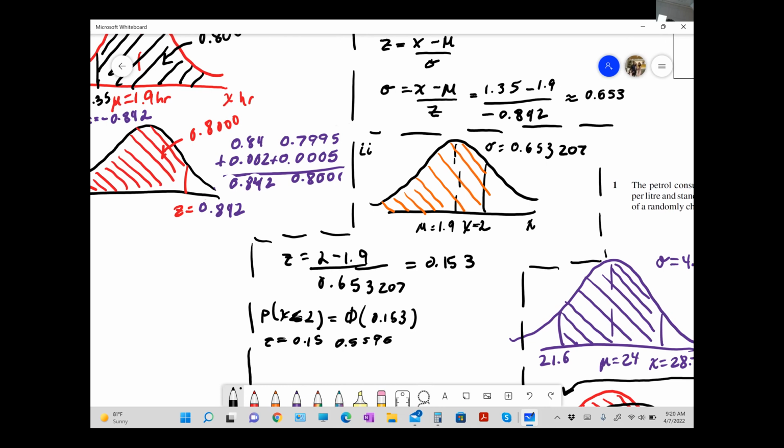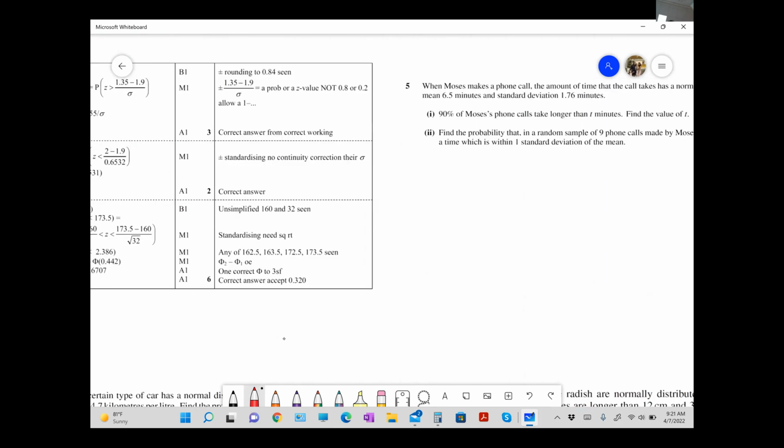If you look at 3 all the way over there, you have to add 0.0012 to this. So that comes out to 0.5608. So this area here is represented by that. Therefore, the probability of X being less than 2 will be 0.5608 according to my calculations.